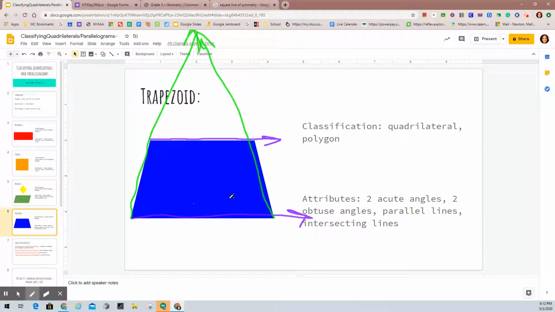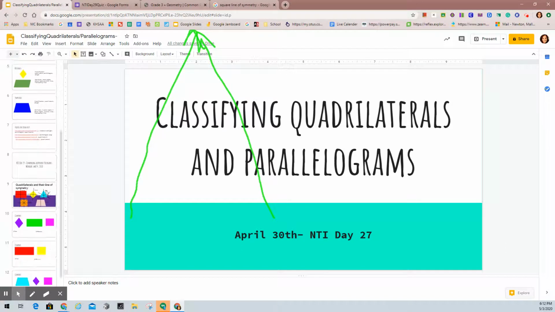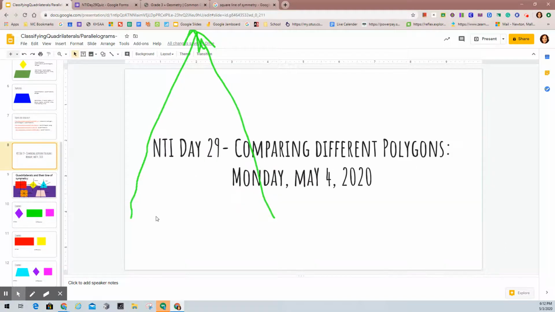See that? So these would be our intersecting lines. So trapezoid, not a parallelogram. So we were looking at different terms. We were looking at classifying the quadrilaterals and classifying the parallelograms in hopes that we now would be able to compare them. So that's what we're going to be looking at today.